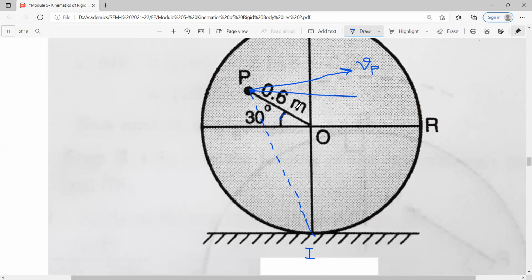So if this angle is 30, this angle will also be 30. I want to know this angle. और ये जो पूरा है यहाँ से यहाँ तक, ये पूरा एंगल 90 डिग्री है.